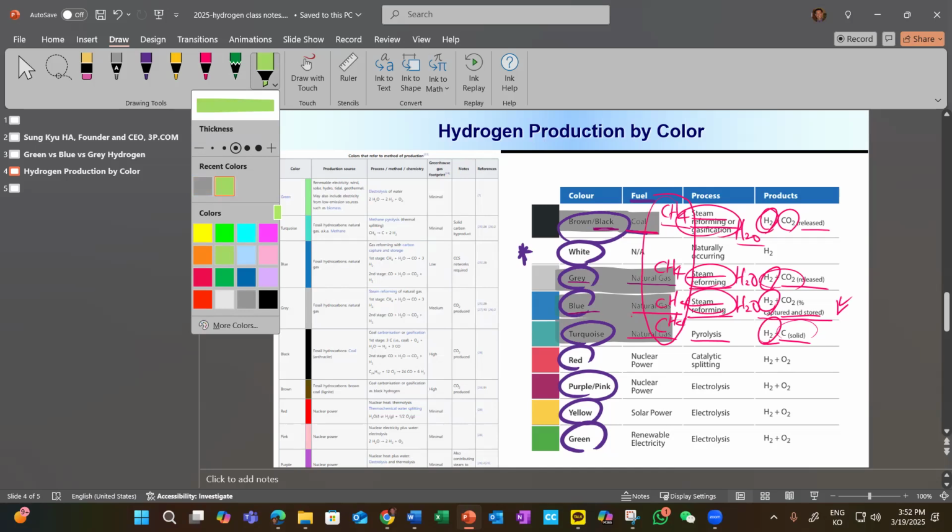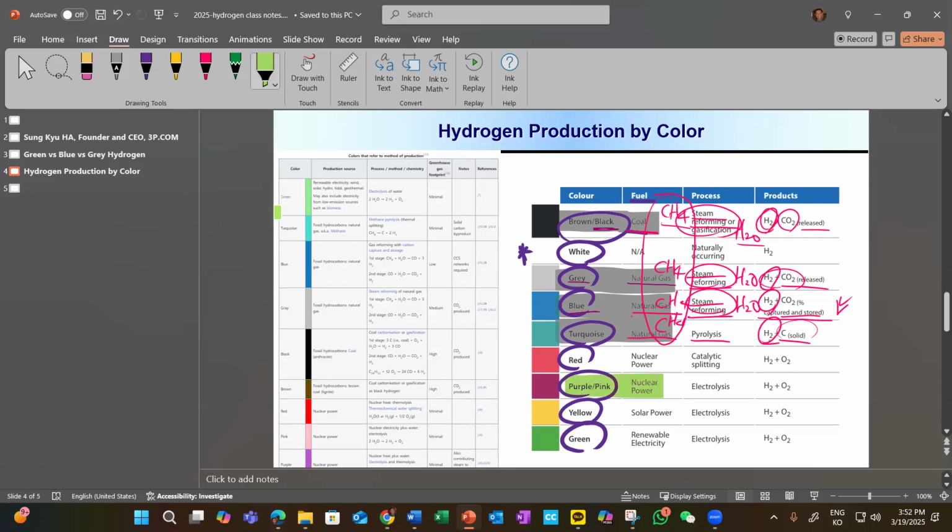Well, purple or pink we just mentioned. This is yellow, and this is green. Well, there is another color called red, not much different, but as you can see, this method is mainly electrolysis, water splitting, H2O decomposing into H2 and O2.